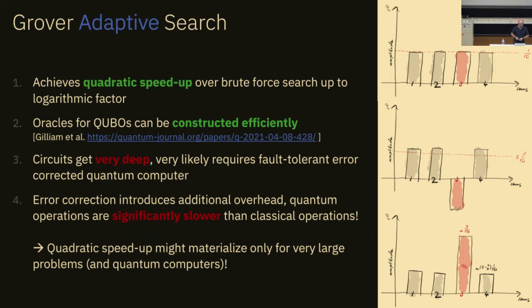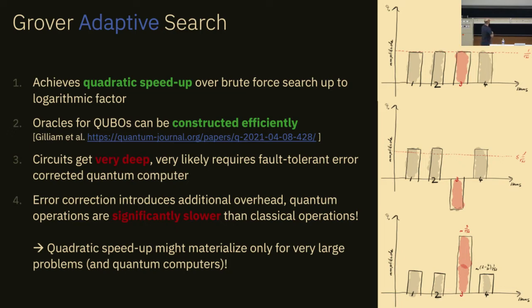So it very likely will require fault-tolerant quantum computers. And the problem here is a fault-tolerant quantum computer runs significantly slower than a classical computer due to the overhead of error correction. So the operations, even though it's less, take longer. And the tipping point where the quantum algorithm starts to outperform the classical algorithm will only happen at very large problems due to this constant overhead of the slower operations.